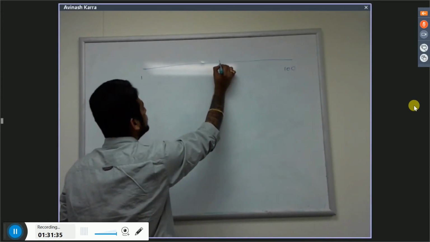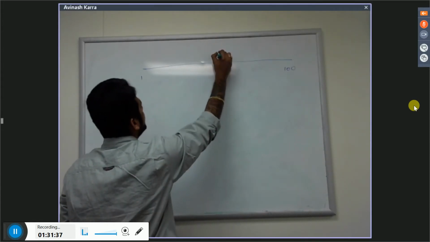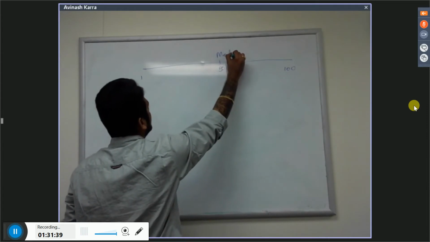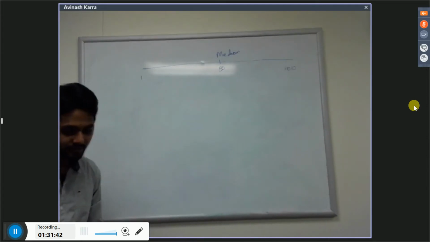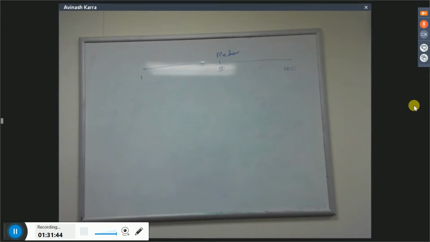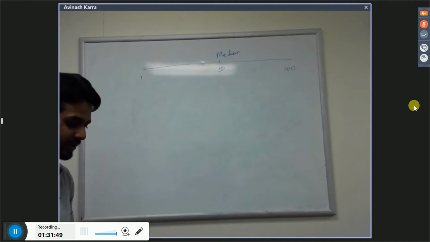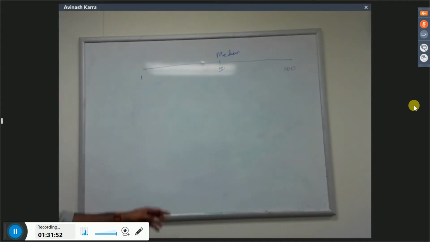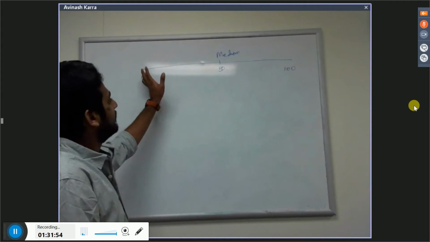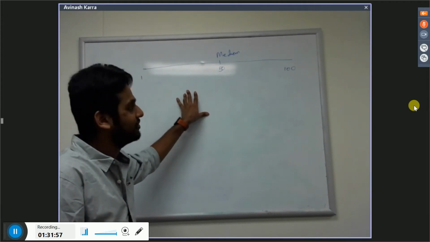If I want the sequence to divide into two equal parts, where should I break it? 50, right? 50, which is nothing but the median. Yes or no? Median divides the given sequence into two equal parts, right?